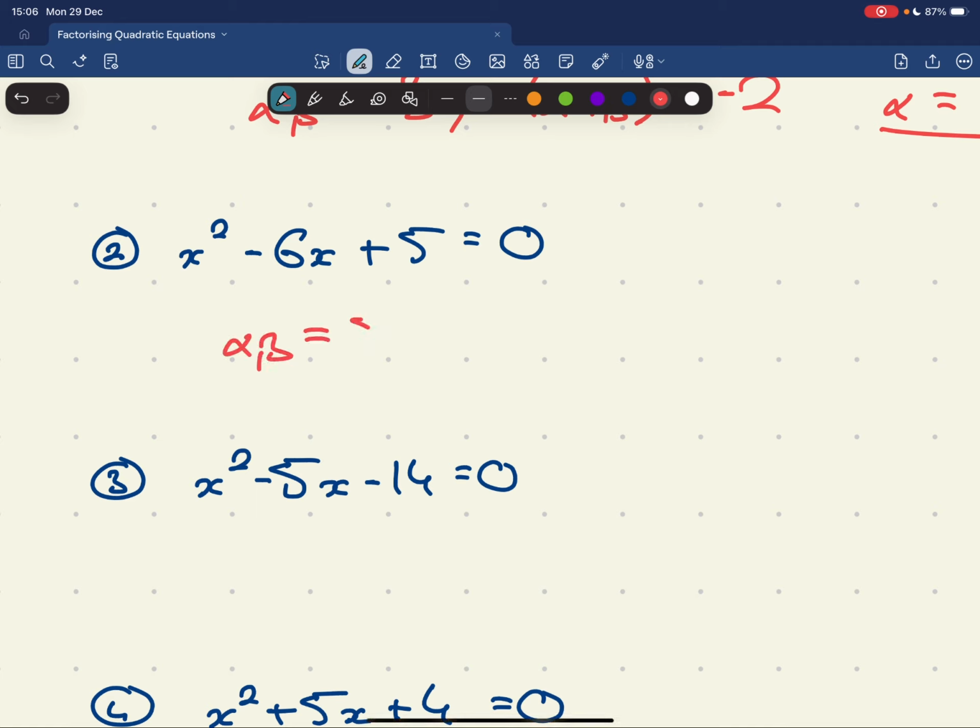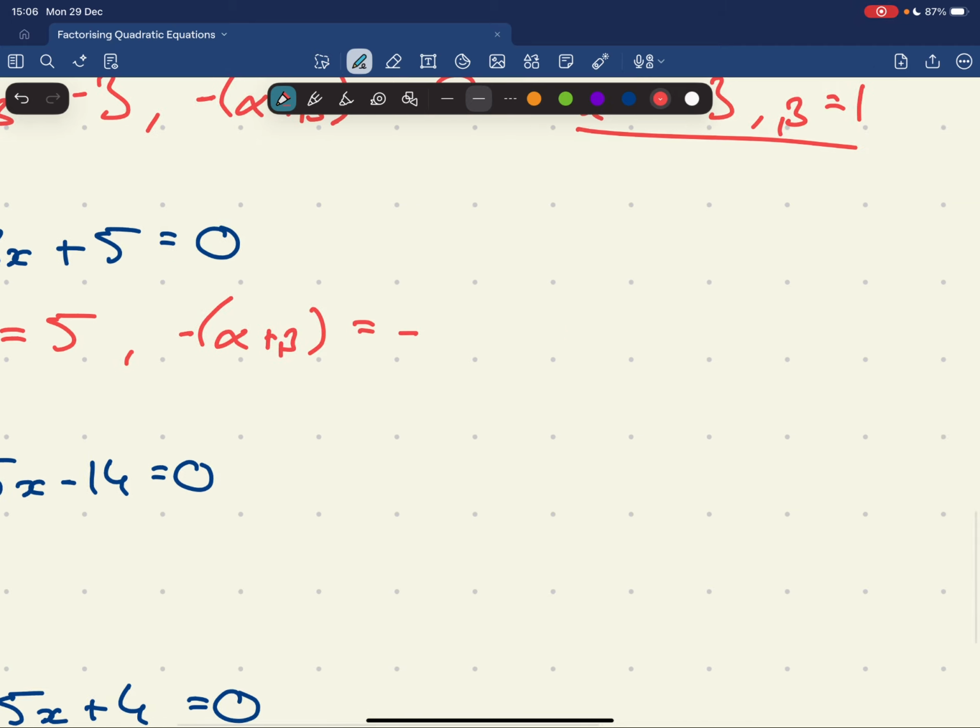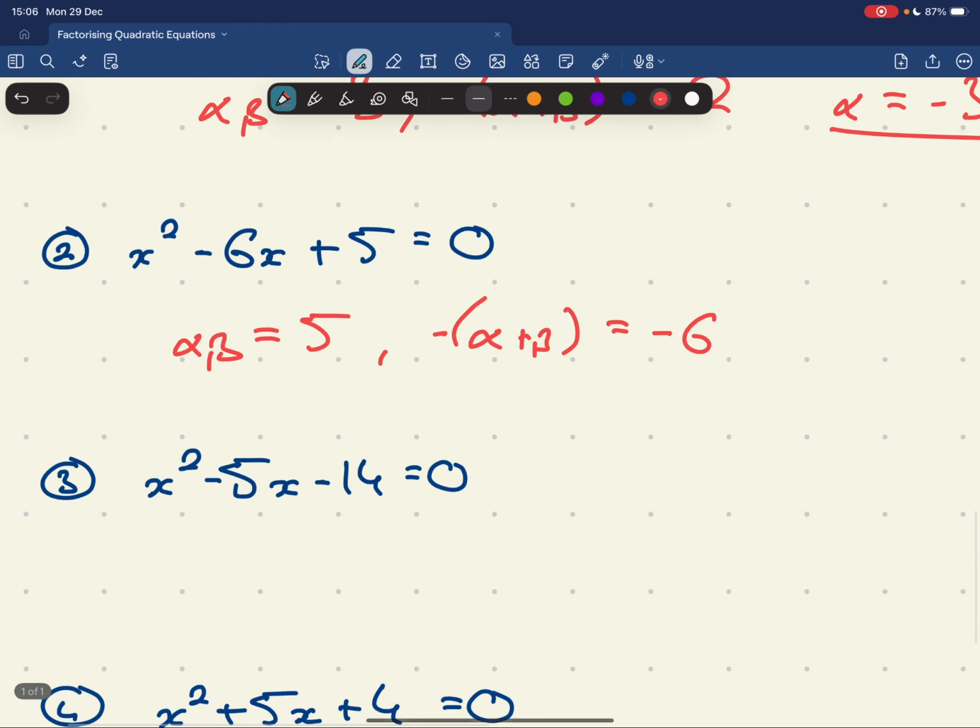Alpha beta is equal to 5 in this example, and minus alpha plus beta is equal to minus 6. Again, it's very easy to write them down.